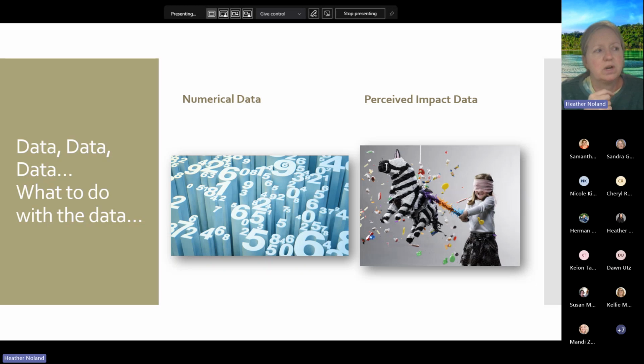Or you can be looking at things like perceived impact. How is this making a difference? And you heard from several of the participants today in how they are looking at that perceived impact, and how they're also looking at some numerical data.